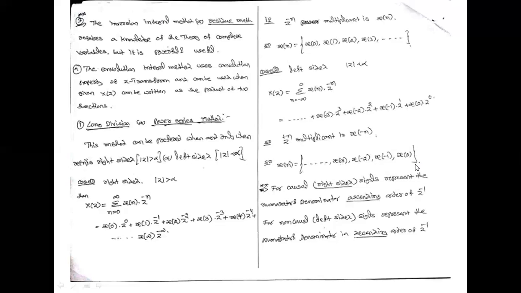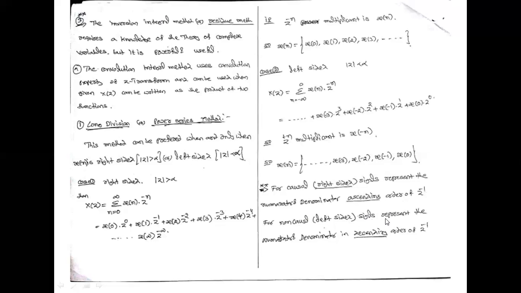Right-sided means it's nothing but the causal signal. For causal, right-sided signals, represent the numerator and denominator in ascending order of z power minus 1.